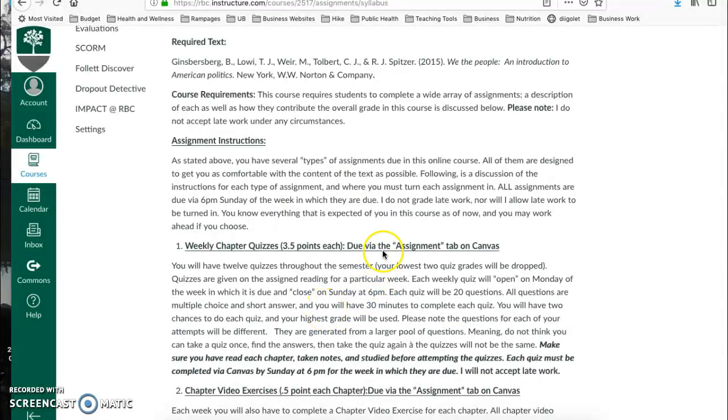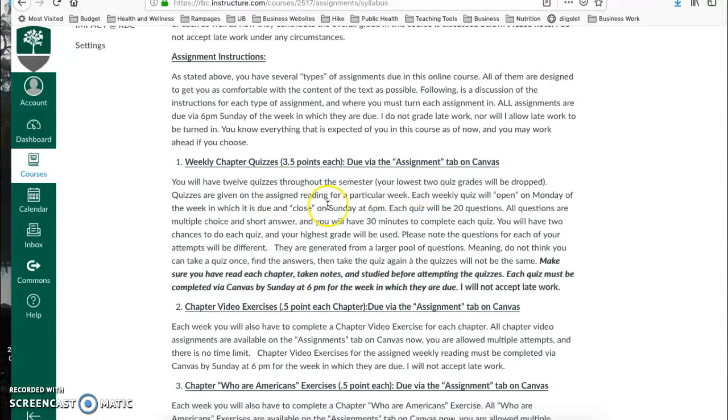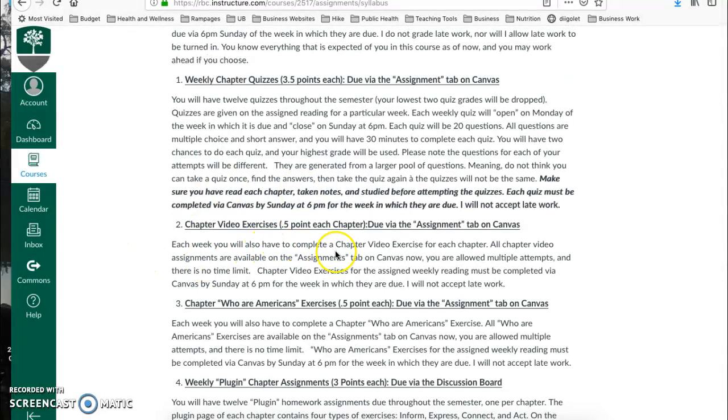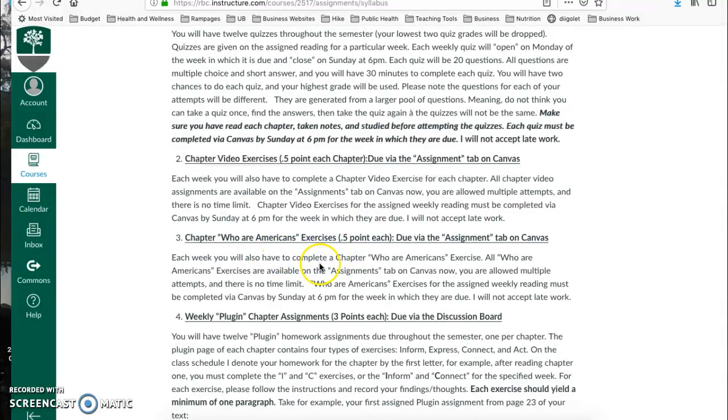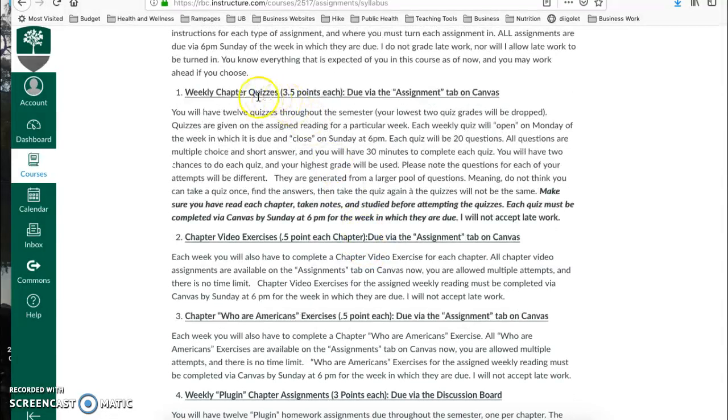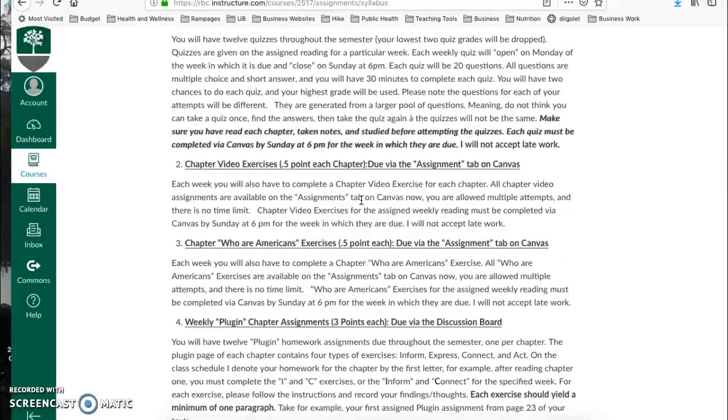Course requirements. We have lots of different types of assignments. You have weekly chapter quizzes, which are on each chapter of the text, which is why you need the text. You also have video exercises and Who Are the Americans exercises. These are all accessed through Canvas, and they will come up as the assignments are due, so you won't have any problems knowing when they're due.